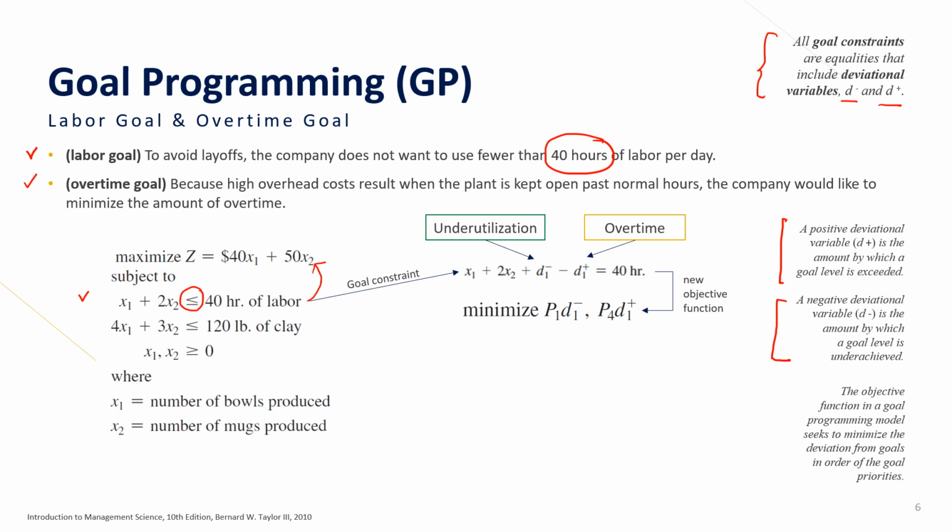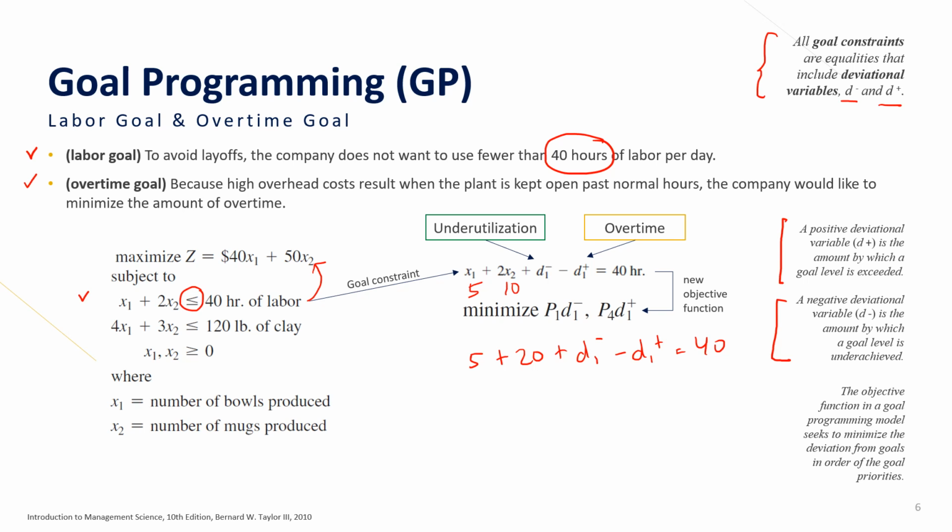For example, let's say x1, the number of bowls you produce, equals 5, and the number of mugs you decide to produce is 10. Here you will have 5 + 2 × 10 + d1 minus − d1 plus = 40.